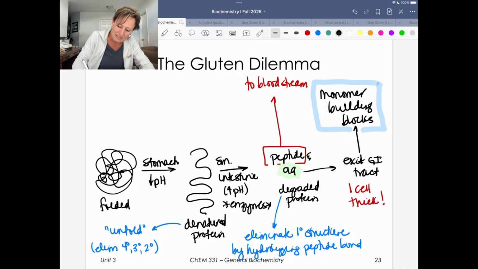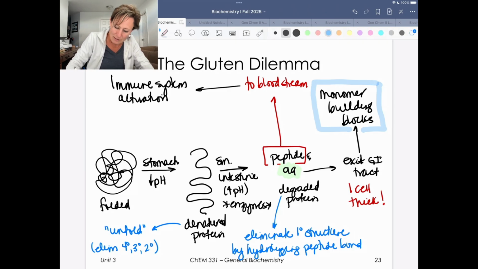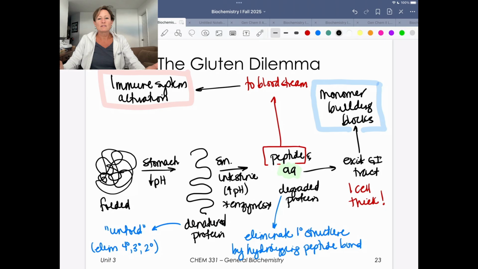The reason is that peptides found in your bloodstream generally activate your immune system, and that, again, can be a problem. So the normal sequence of events is that you don't have peptides exiting out of your GI tract.